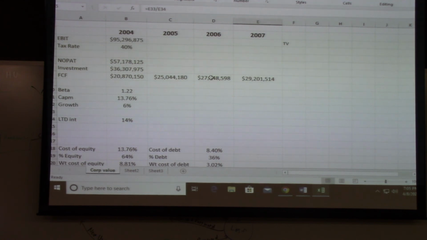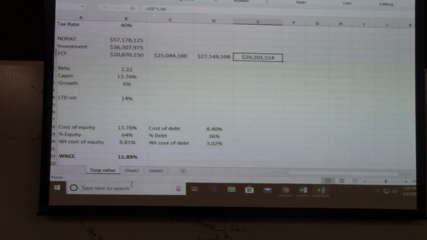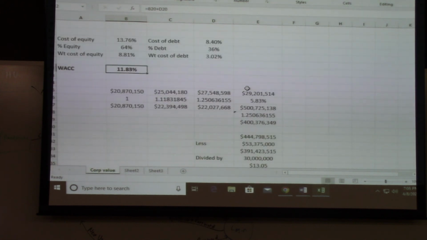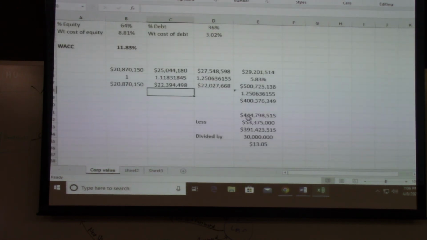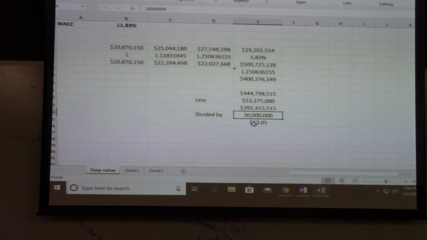So we increase our free cash flow by 6% and then divide that by WACC minus the 6% to get our terminal value. Then we find the present value of our terminal value, and we have our cash flows. Add these three things up, we get enterprise value, subtract out long-term debt, we get total equity value, divide by 30 million, and we get $13 per share.